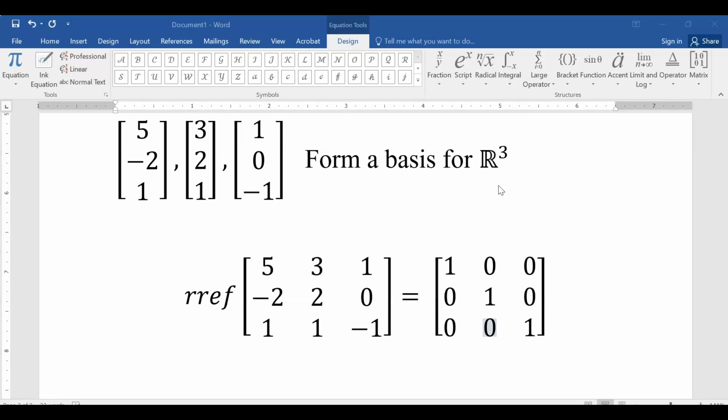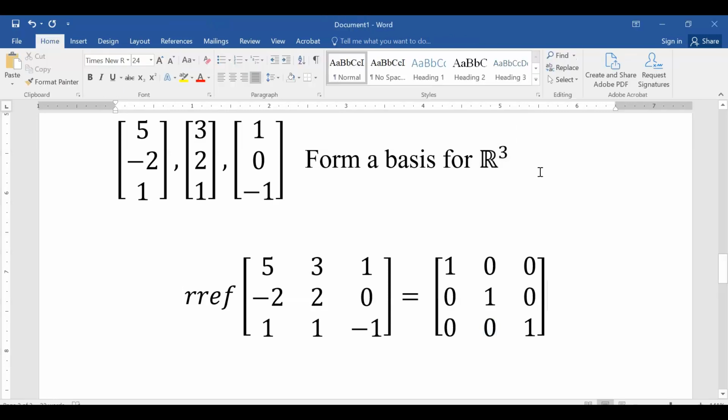The identity matrix, since we row reduced to it, has essentially 2 properties. We knew R3 has dimension 3. But what I can see here is that each of these is linearly independent because we have no free variables. But I also see that because each row has a 1 in it, it is going to span R3.